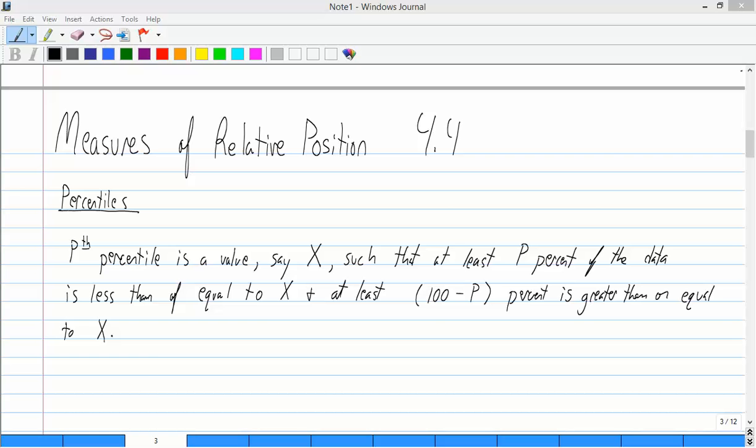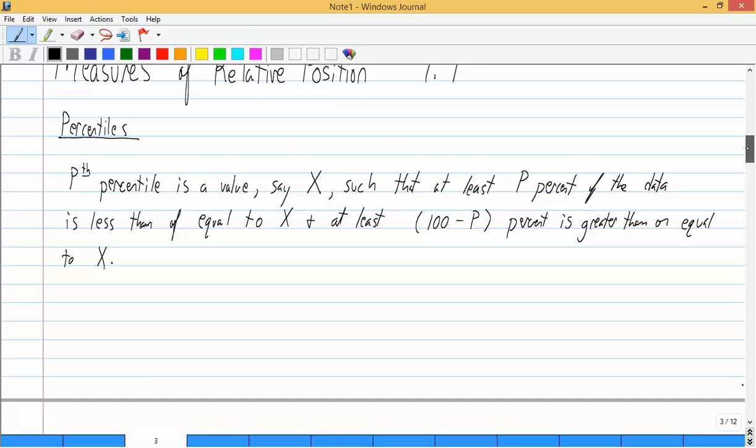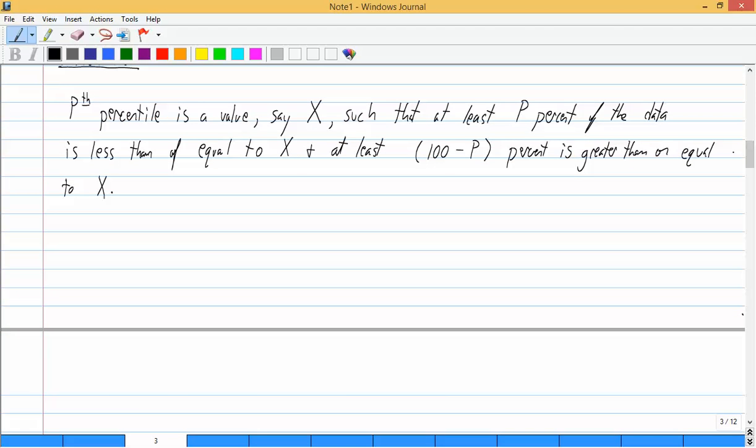So, for example, let's say that we wanted to find some pth percentile of a set of data. The first thing that we need to do is arrange the data from smallest to largest.